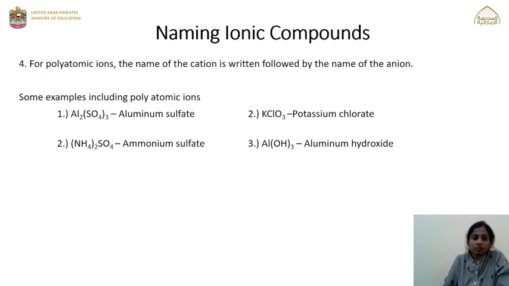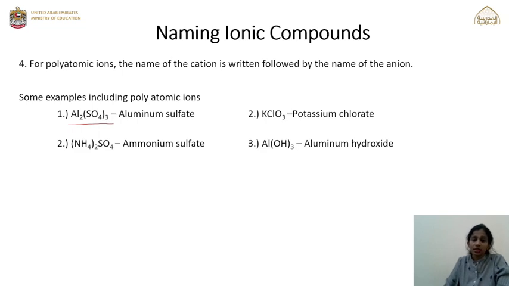Here are some examples of naming ionic compounds which includes polyatomic ions. The rules are same, but the name of the anion will not end with IDE because we have polyatomic anions here, oxyanions. So here the first example, if you see, it has Al, so it is aluminium, and second part contains an oxyanion, that is sulfate, so the name is written as it is.